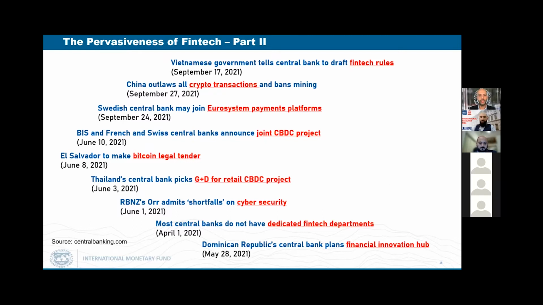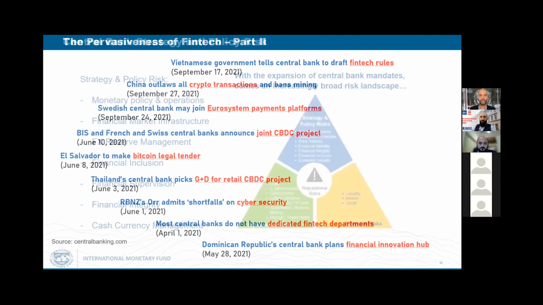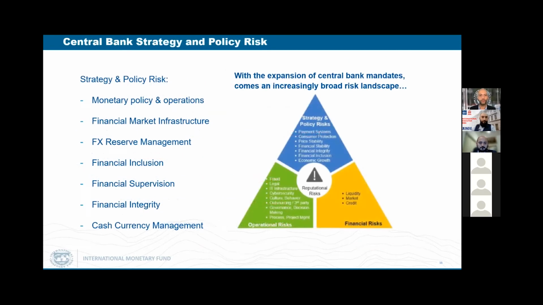So if we go to the next slide, and this kind of goes back to what I said at the beginning, central banks do anything and everything, right? So with all these different objectives, you have a lot of what we call strategy and policy risk. Because of central bank mandates being expanded, you get an increasingly broad risk landscape. That's what I mentioned earlier already.